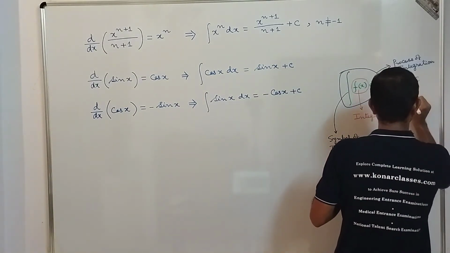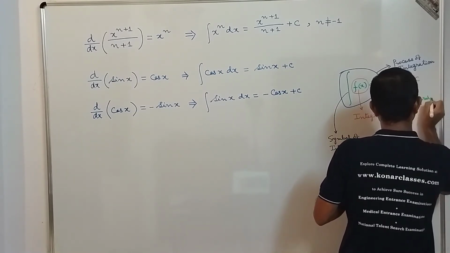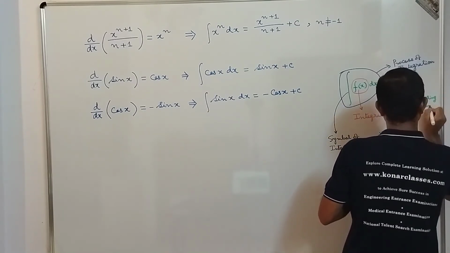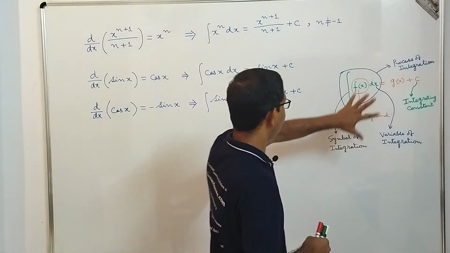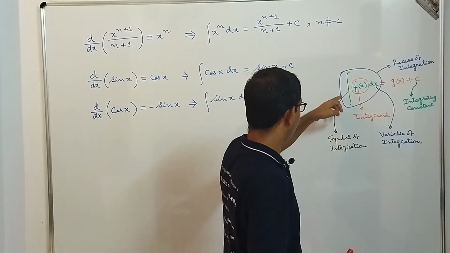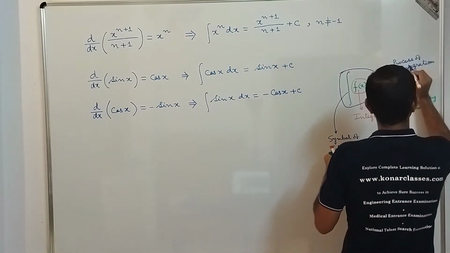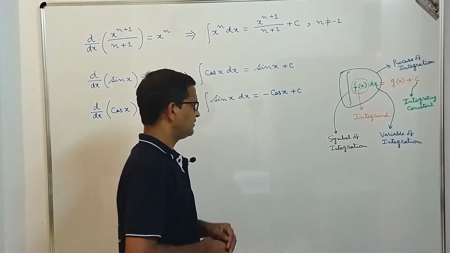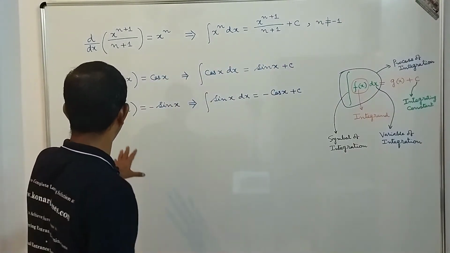So dear students, whatever we have learned so far is that in the entire integration there is an integrand, a variable of integration, a symbol of integration, the process of integration, and then the integrating constant. So these are the different terminologies of integration.